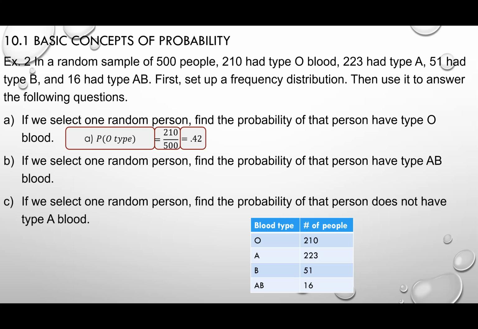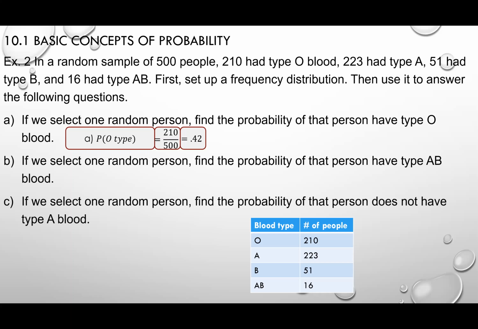As you can see, it's not bigger than 1. If you remember, your answer has to be between 0 and 1. So in this case, we have 0.42. If you convert it, then yes, it's going to be 42%. But again, probability will always be in decimal in terms of this.